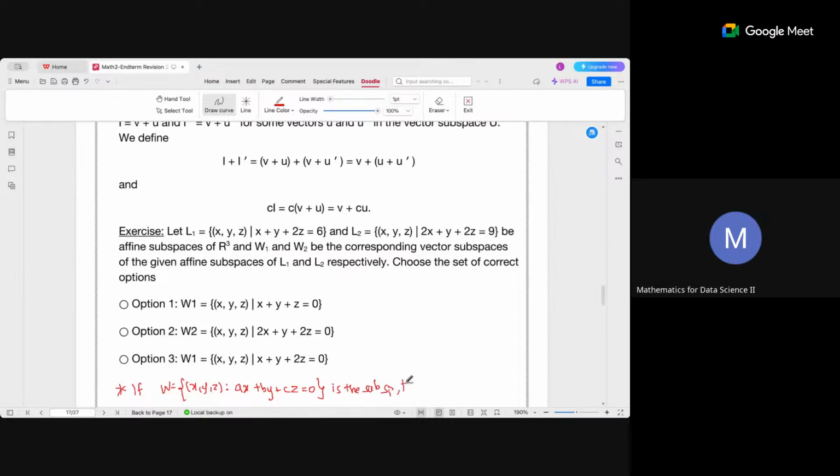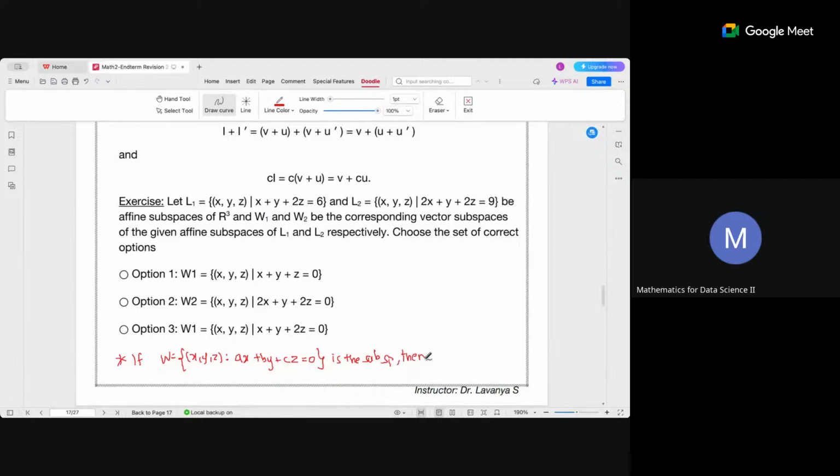Then the corresponding affine space is of the form x, y, z such that ax plus by plus cz is some d, d in R. So if this is the affine space, then the corresponding subspace is this. And if this is the subspace, then the corresponding affine space is this.